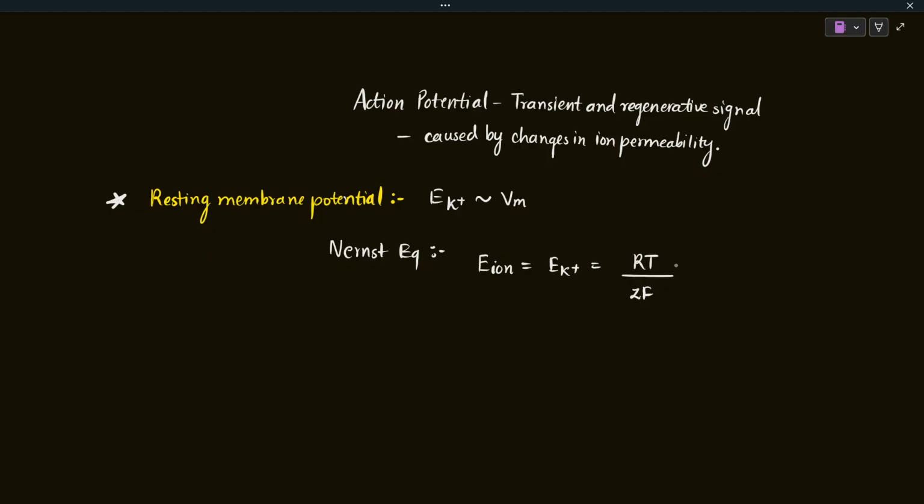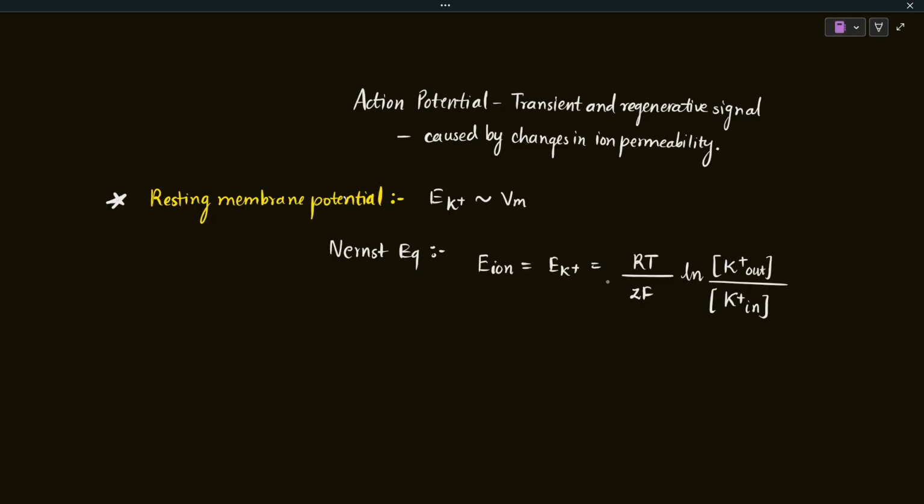So it is RT by zF into ln of the concentration of potassium ions outside the cell divided by the concentration of potassium ions inside the cell.